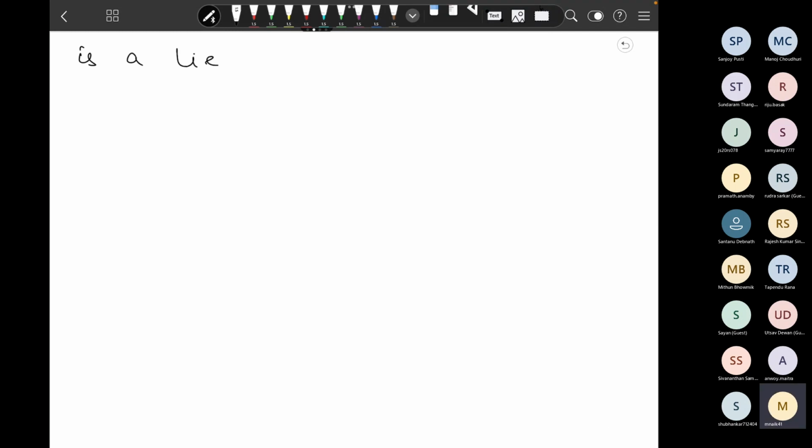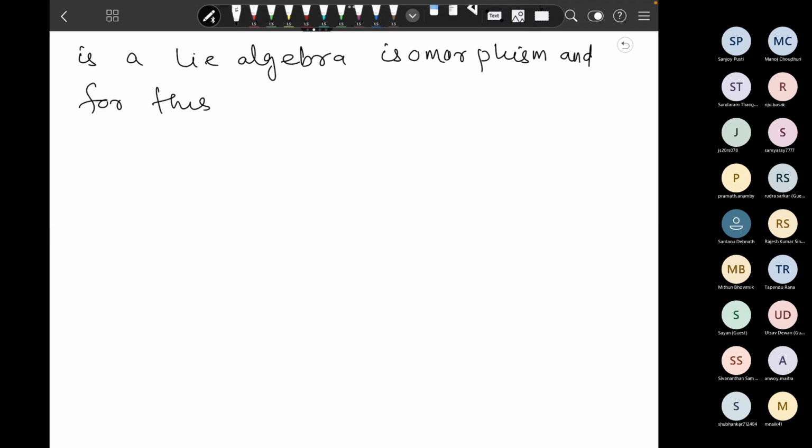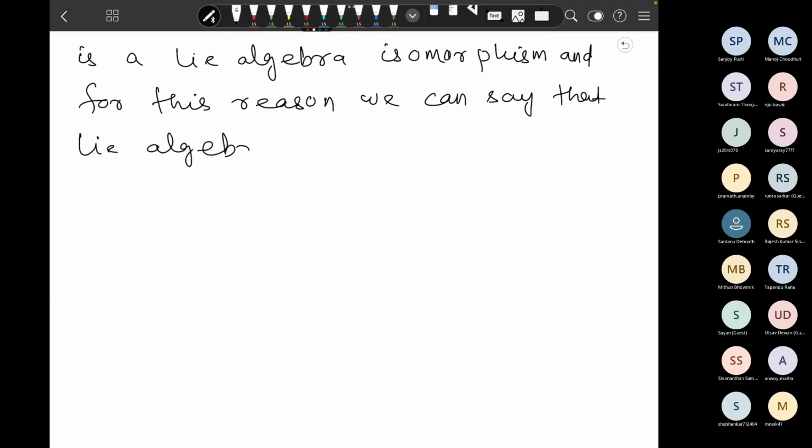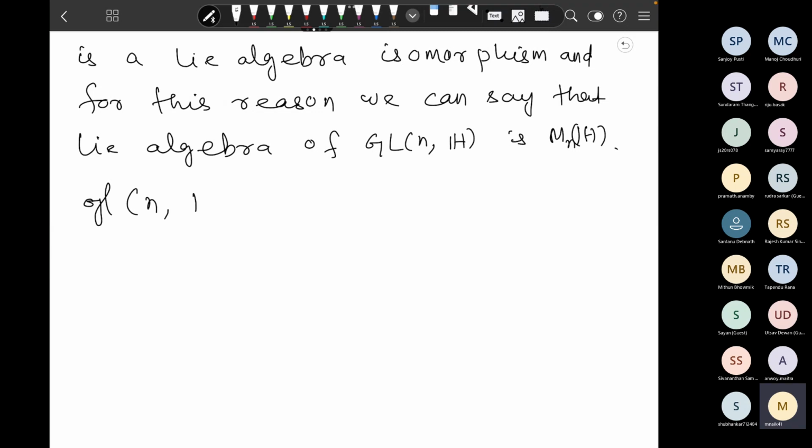Sorry, not Lie algebra isomorphism. And for this reason, you can say that the Lie algebra of this GLnH, small gl_n(H), is your MnH. Okay.